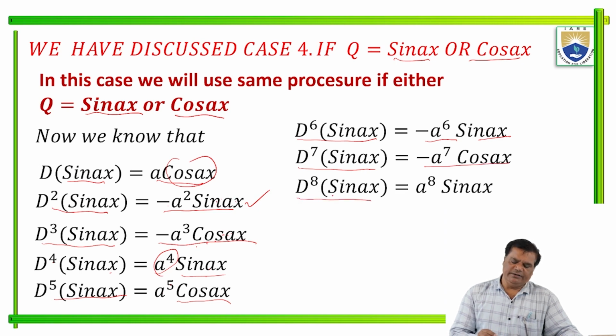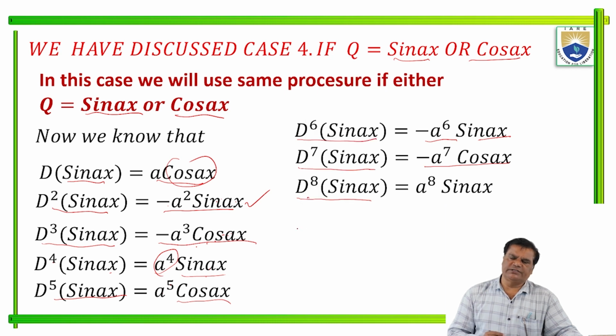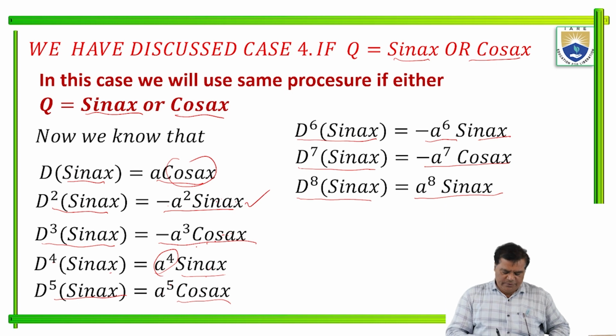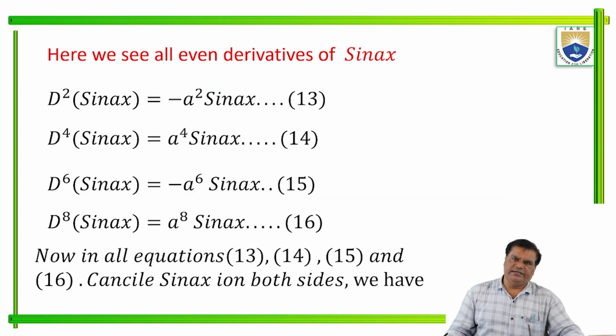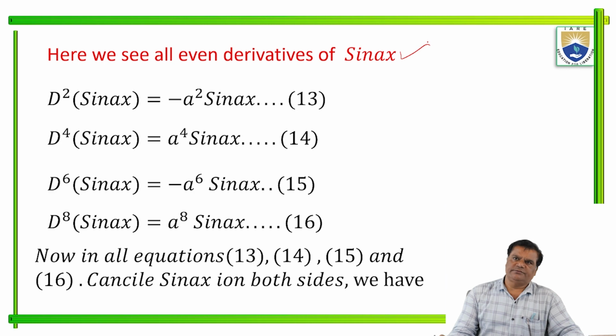At last, the 8th derivative: differentiating the function sin AX with respect to x eight times, we get A to the power 8 sin AX. After finding all these derivatives, what is the final result? We see that all even derivatives of sin AX or cos AX follow the same pattern.